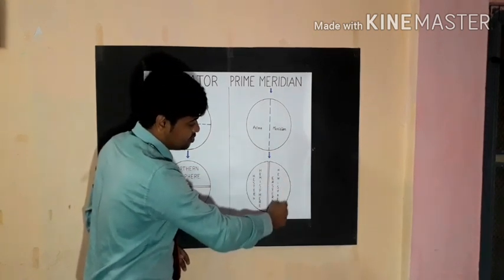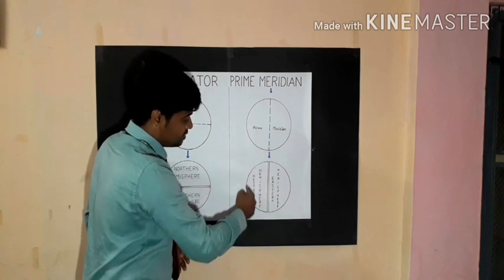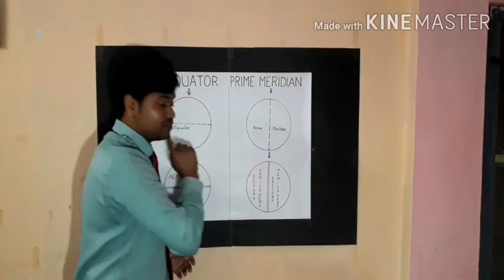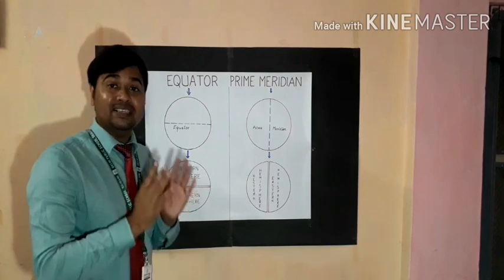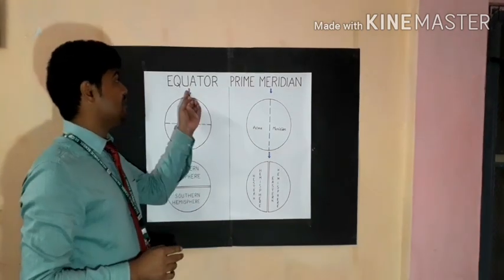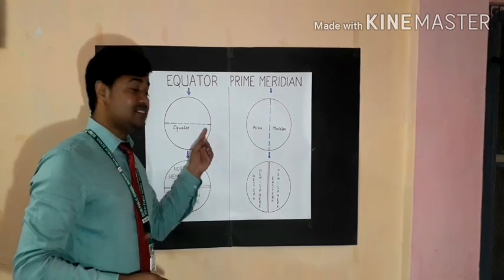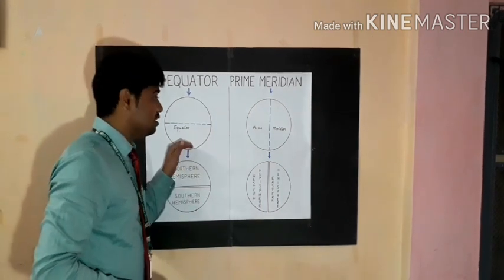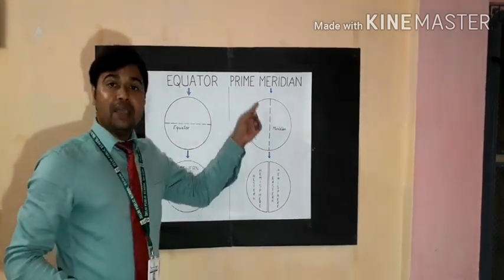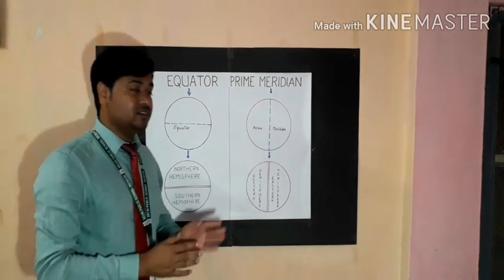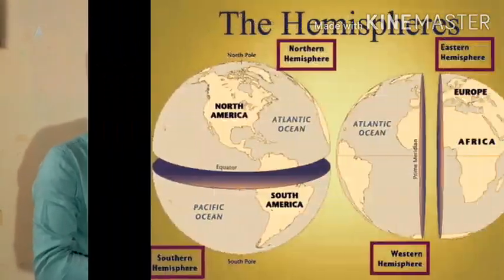This side is eastern hemisphere and this side is western hemisphere. So what is the basic difference between equator and prime meridian? Equator divides the earth horizontally, whereas prime meridian divides the earth vertically.